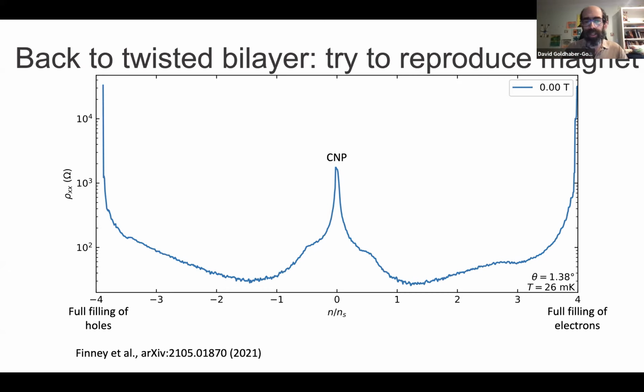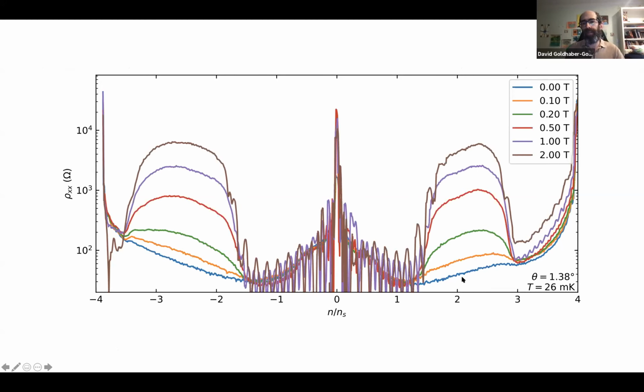But now we can turn on a magnetic field. And here's what happens when we turn on a relatively modest magnetic field, 1/10 of a Tesla all the way up through 2 Tesla. Now, first I should mention that this is a longitudinal resistivity, so a measure of the scattering in the sample, not the Hall resistance.